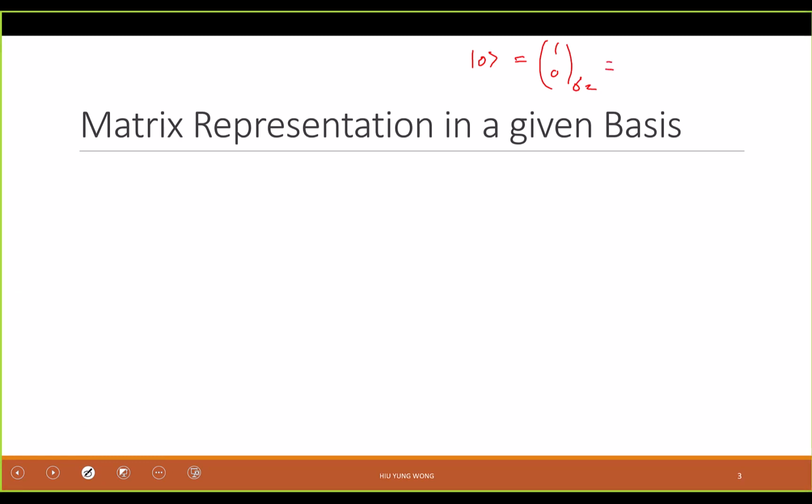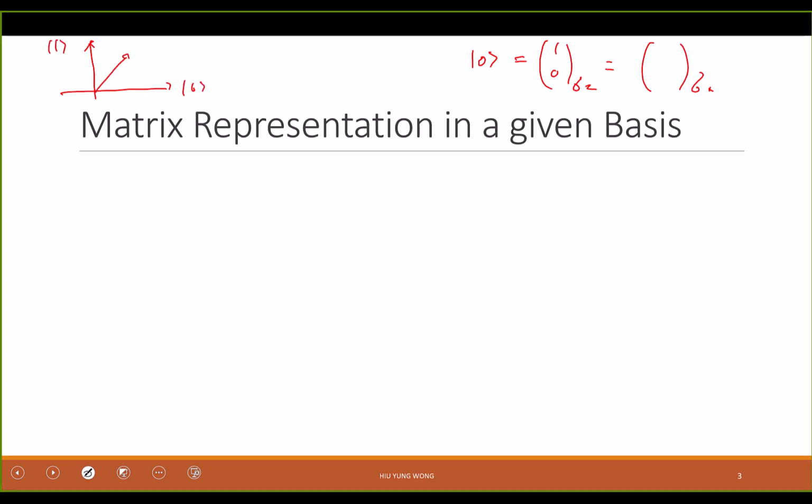But what is this in the sigma x eigenvector basis? If you remember the equation or this fake diagram, this is 0, this is 1, this is plus, and this is minus.